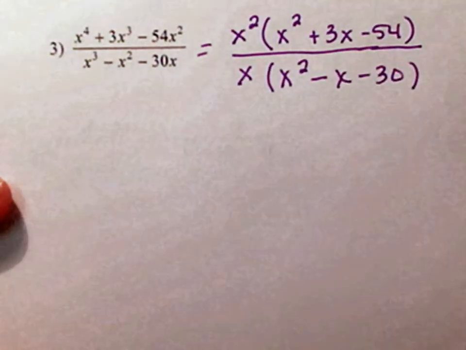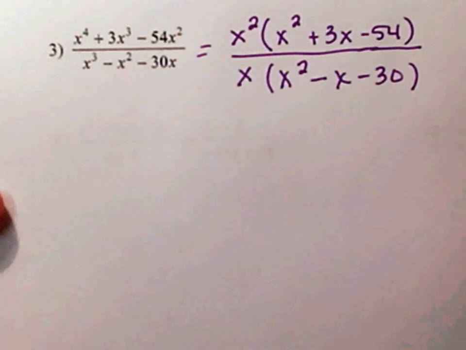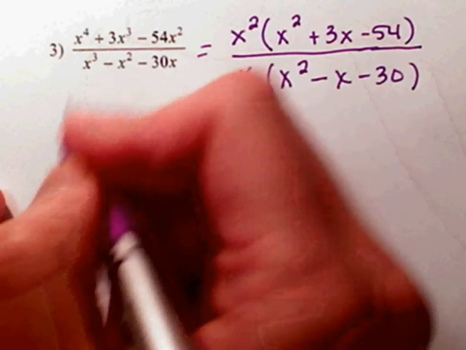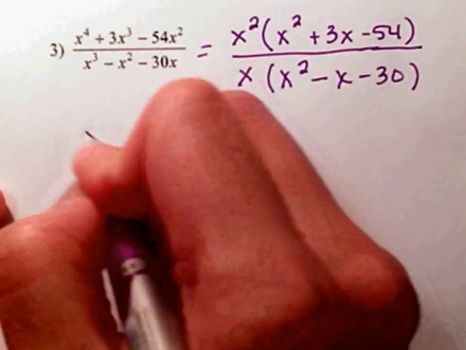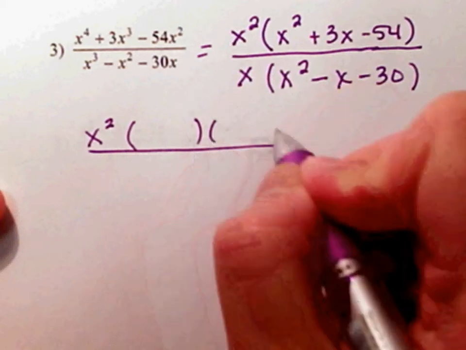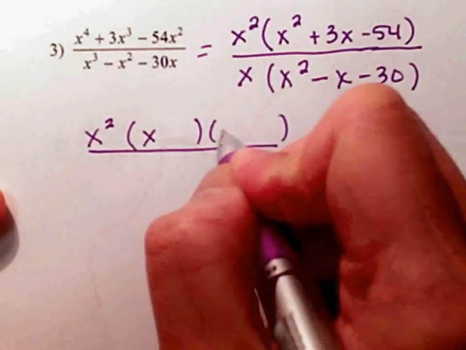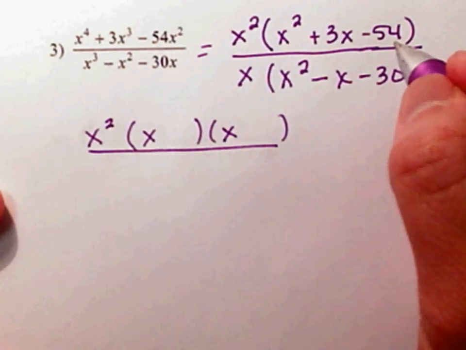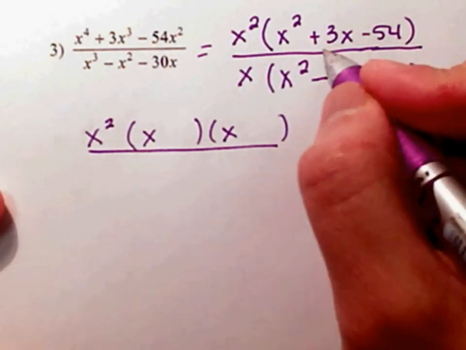Okay. You have a quadratic divided by a quadratic. Let's factor those guys out. Bring down your x squared. Factors of x squared is x and x. What 2 numbers multiplied to give you negative 54 and is going to subtract to give you 3.